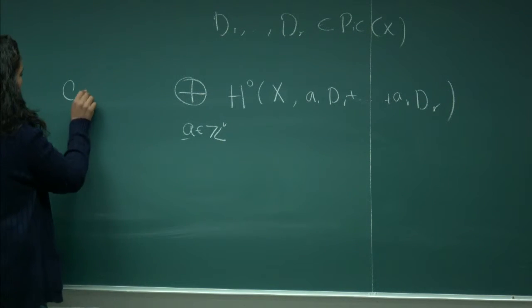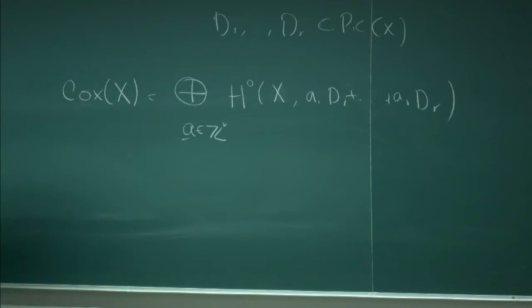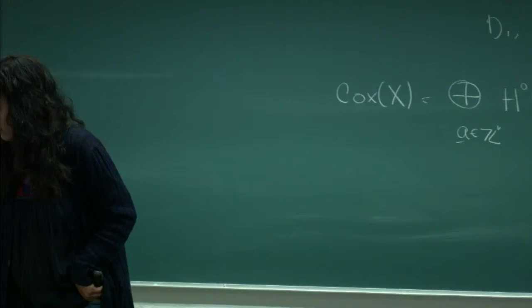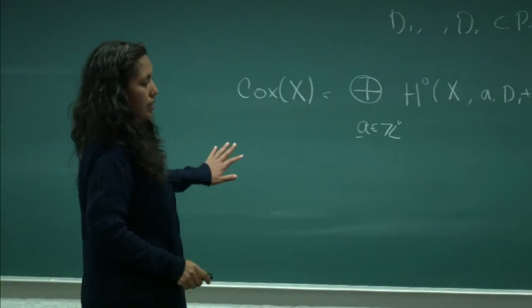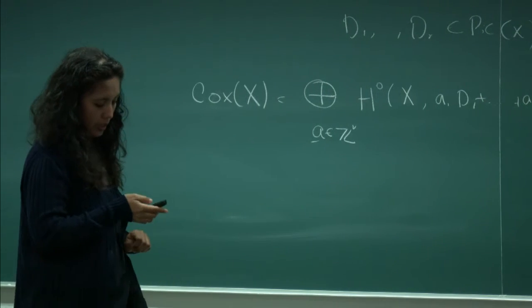And this monster, it's a huge thing, has a structure of a ring, and it's called the Cox ring of your variety. If this thing is finitely generated, then you have a Mori dream space.